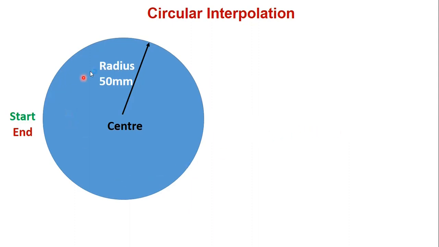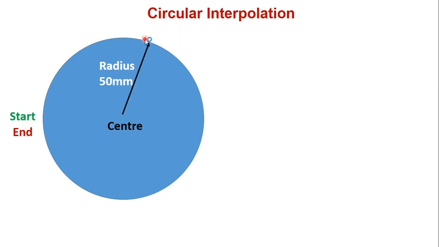Now imagine this circle. Now you have to do a complete circular side milling. For example, you have a block like this and you want to do this along this circle. How would you do it? As per the older command, both starting and end point are the same, correct? I'm starting from here.